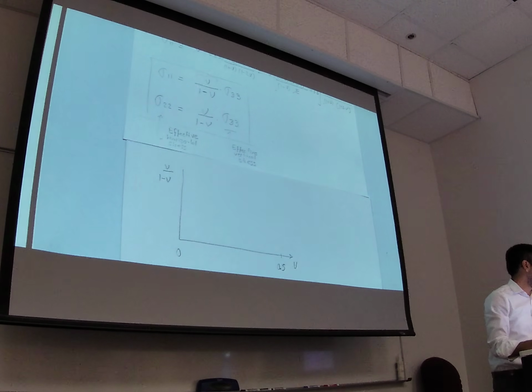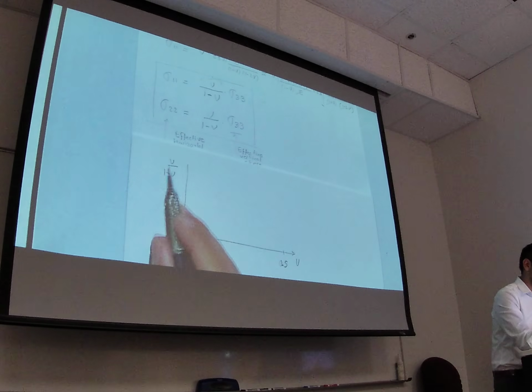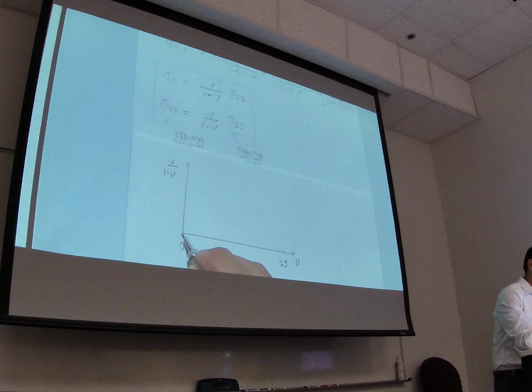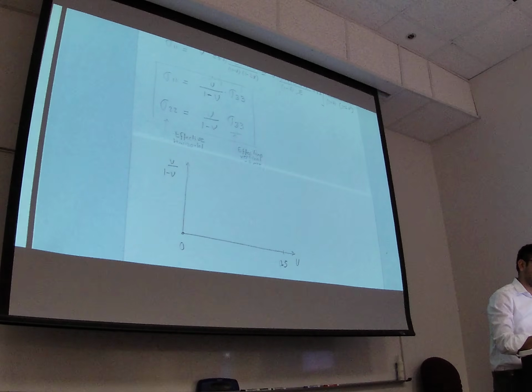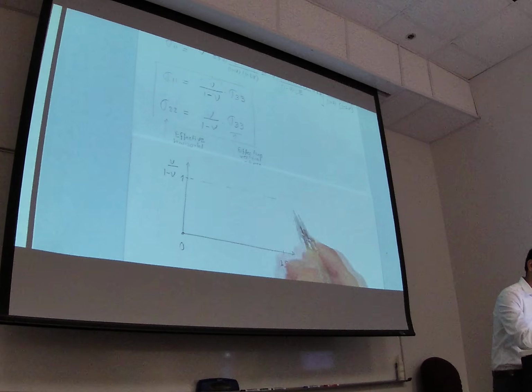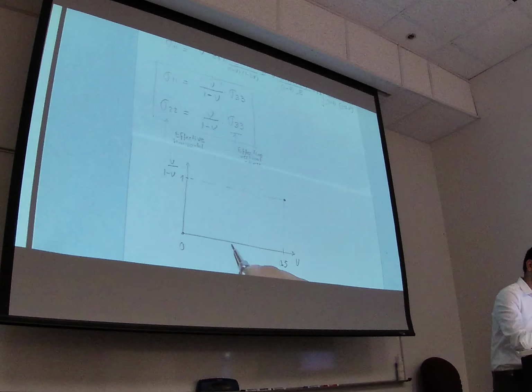And if the Poisson ratio is 0, what is going to be the value of the effective lateral stress coefficient? 0. And if I have 0.5, 1, it's going to be equal to 1. And let's do an intermediate case. What about 0.25?